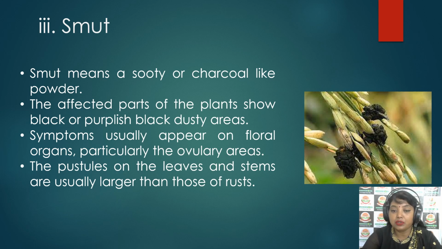The pustules on the leaves and stems are usually larger than those of rusts. So they are seen as pustules larger than rust, with a sooty appearance or charcoal-like powder seen on the floral parts. That is smut.